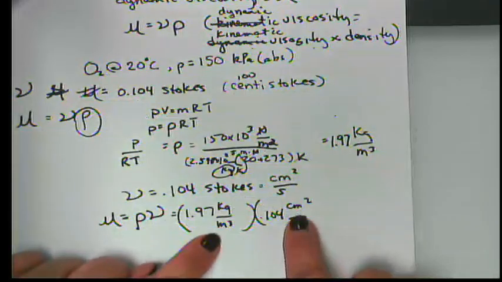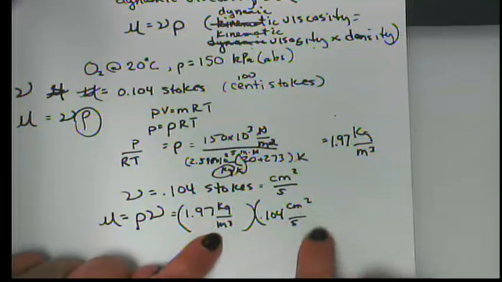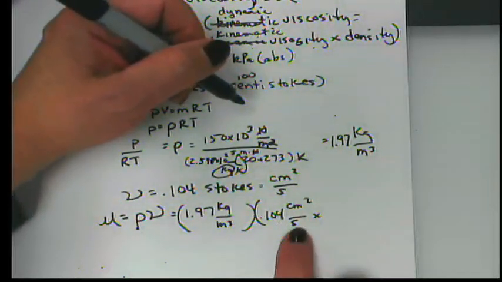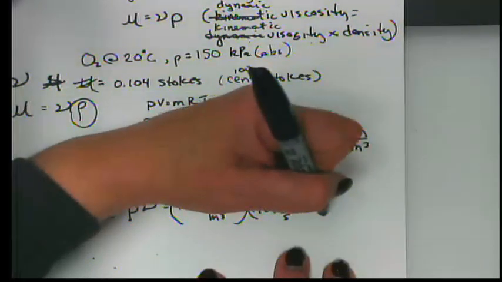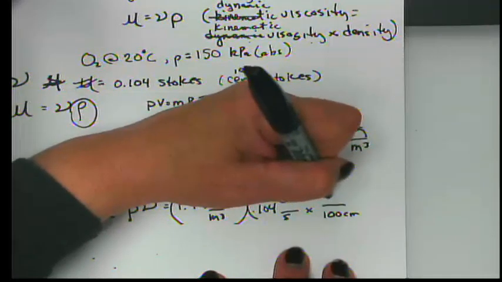And one thing that you can see at this point is that you have meters to the third and centimeters squared. So we need to convert one to the other. And it's always better to go into meters because meter is a base unit. So we know that we have 100 centimeters per meter.